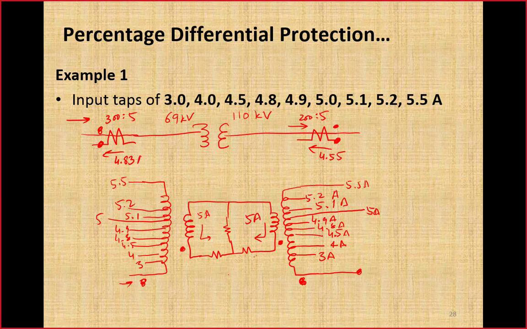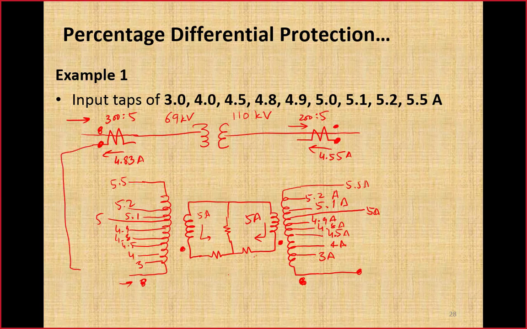So this is the current on the secondary side, and obviously we can see here these two currents are not equal. So in order to bring these two currents close to each other, we will now make use of the tap setting. Corresponding to this 4.83, the closest tap is the 4.8 ampere tap. So this will be the connection.